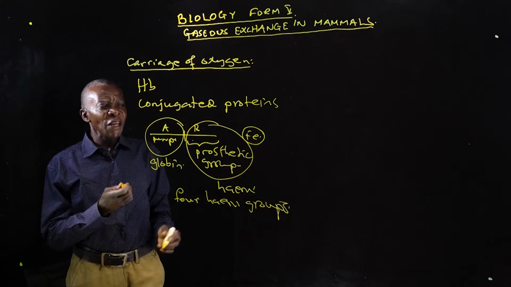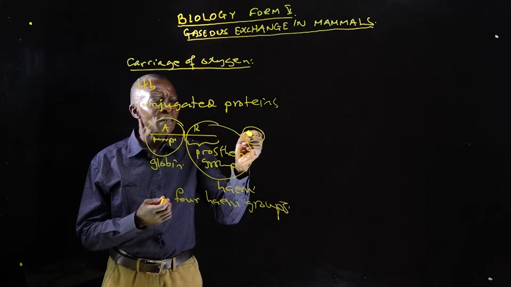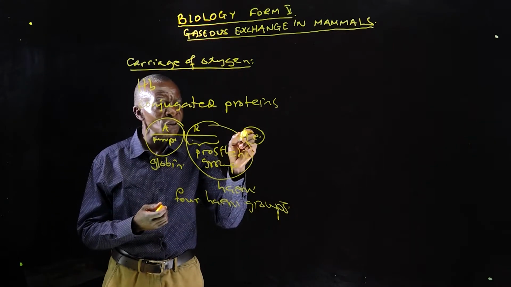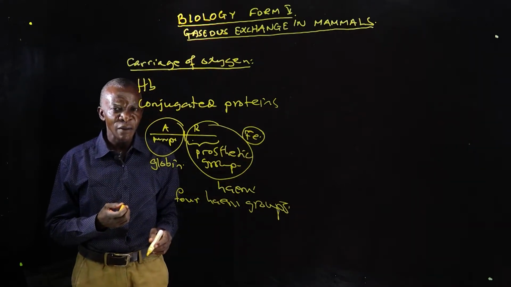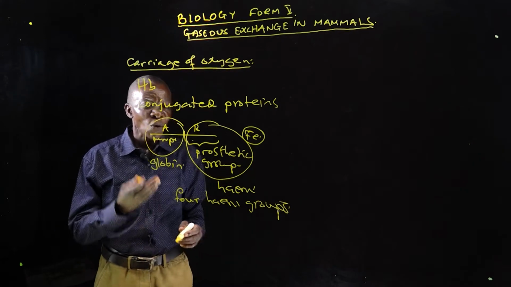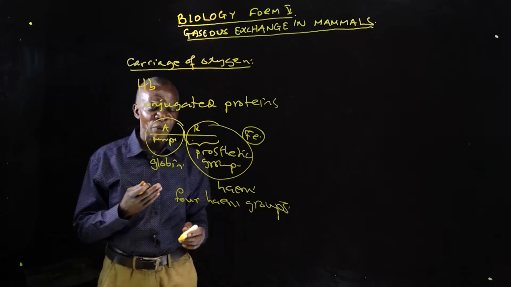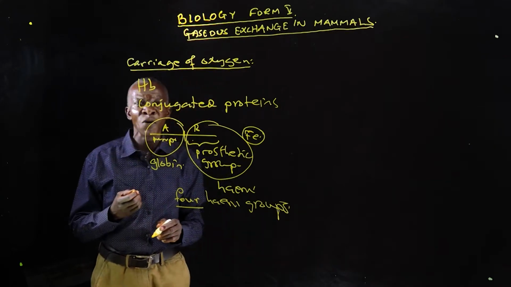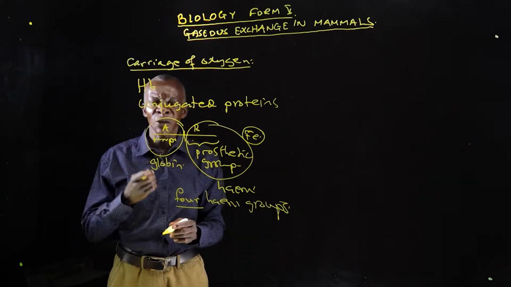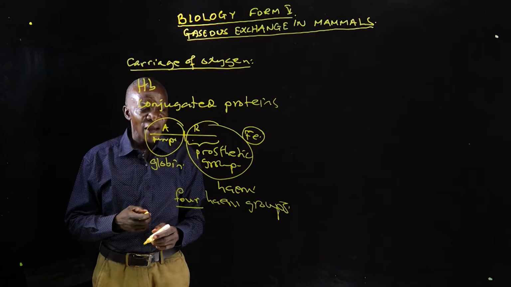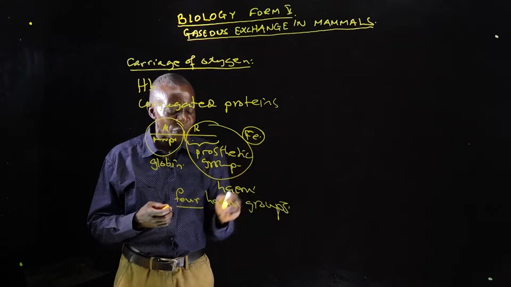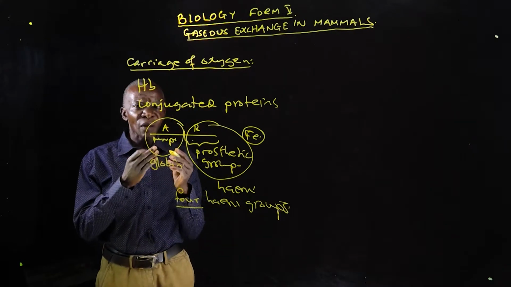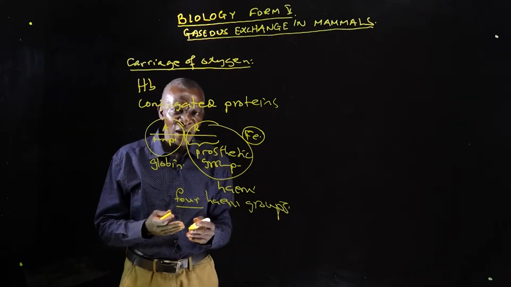If each Haem group consists of an iron atom, and this iron is responsible for the transportation of oxygen, automatically one hemoglobin molecule is responsible for transporting 4 oxygen molecules. It is this Haem group which is responsible for the red color of the blood.